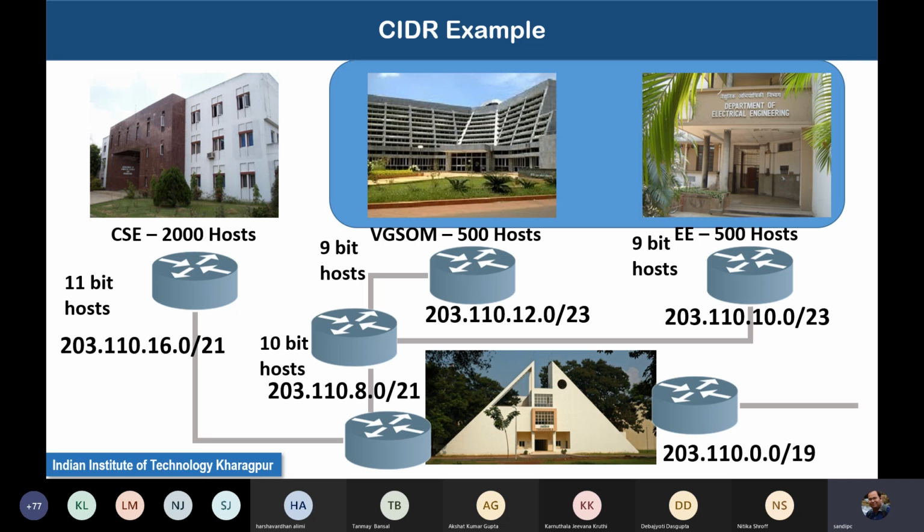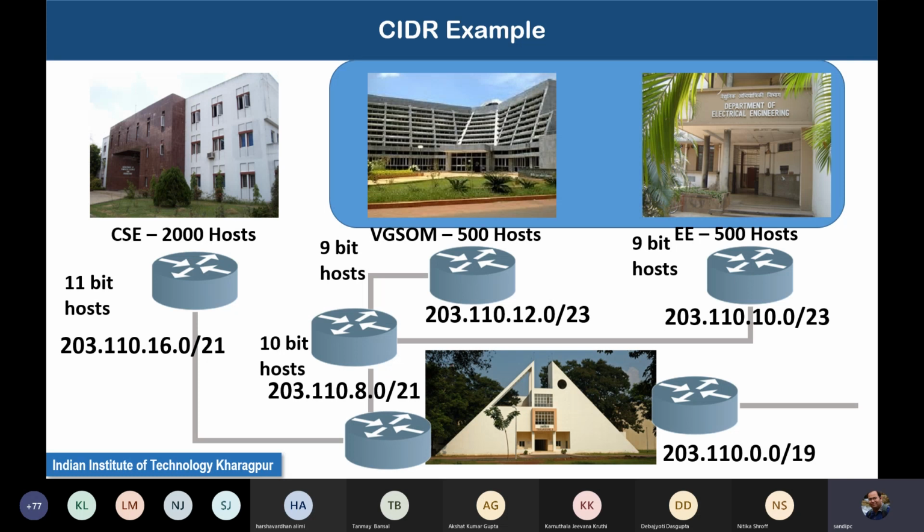It is possible. I need 4 bits and 9 bits for the host. Just think of it this way: rather than combining, you divide every department into multiple subnets having 500 hosts. VGSUM is 1000 and E is 1000, so I am dividing VGSUM into 2 subnets, E into 2 subnets, and CSE into 4 subnets. Total is 4 plus 2 plus 2, 8 subnets.